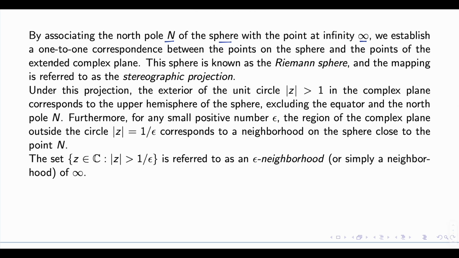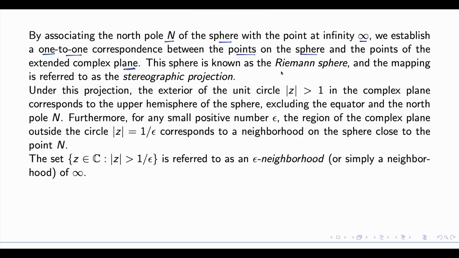We establish a one-to-one correspondence between the points on the sphere and the points in the extended complex plane, because the North Pole maps to infinity, and the remaining points on the sphere map to the complex plane.